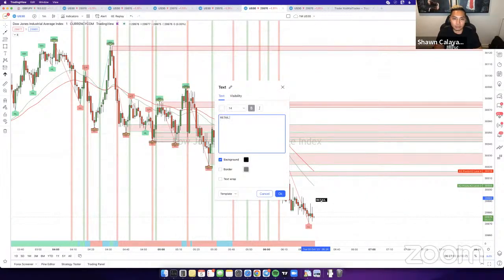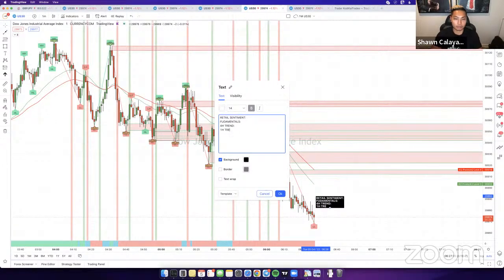So: retail sentiment, fundamentals, then we'll go up to the 4-hour trend, 1-hour trend, 30-minute trend, 15-minute trend, 10-minute trend. I think that's all that's really important.